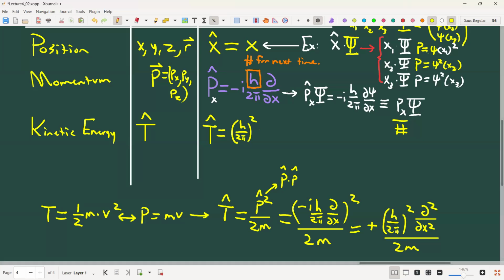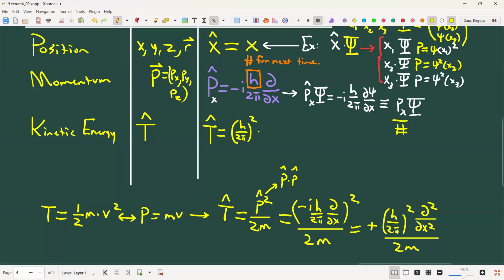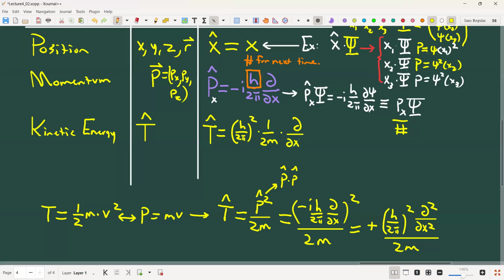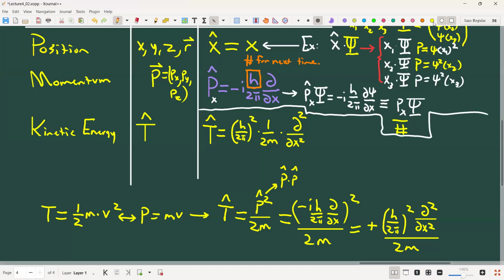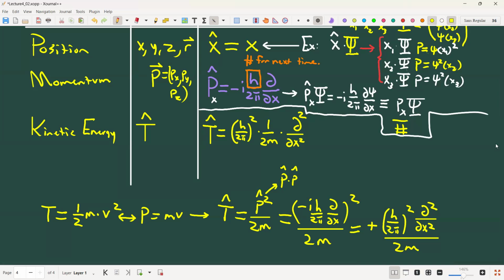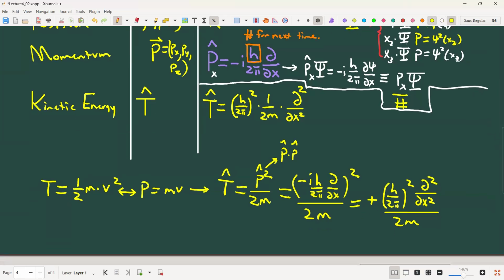So h over 2 pi squared times 1 over 2 times the mass of the particle times the second derivative of the function. We have this equation that's got some numbers and a second derivative.